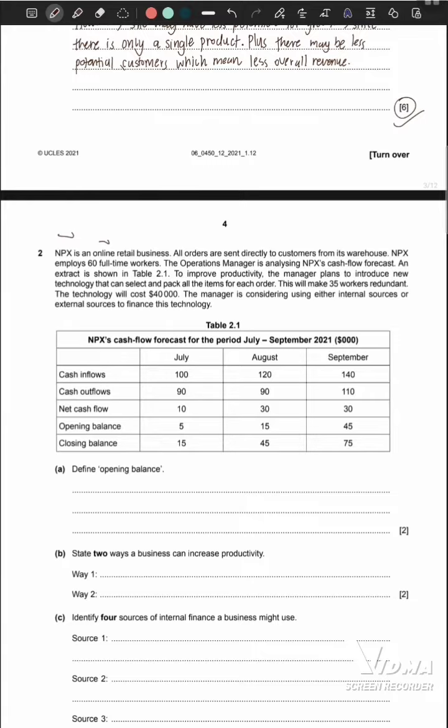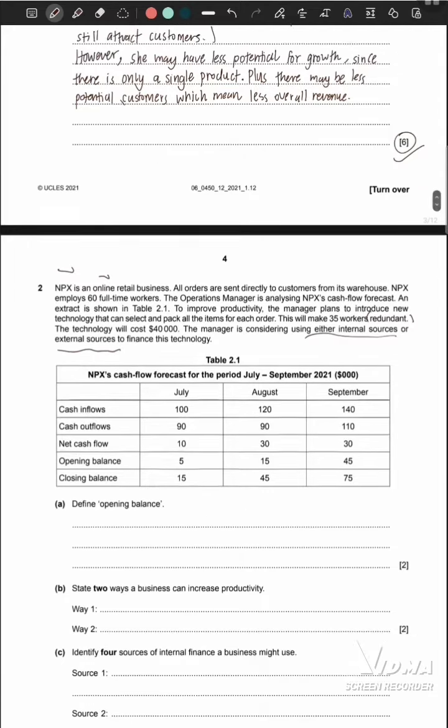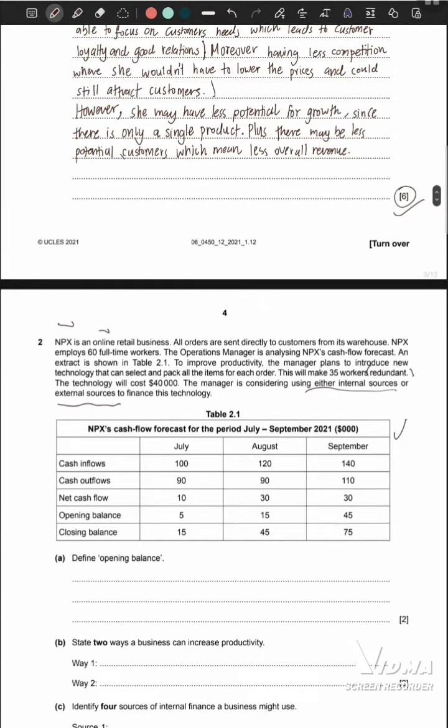To improve productivity, the manager plans to introduce new technology that can select and pack all items for each order. This will make 35 workers redundant. Focus, redundant. The technology will cost $40,000. The manager is considering using either internal sources or external sources to finance this technology. So this is the extract.